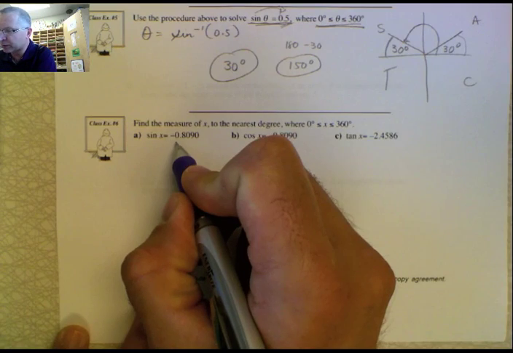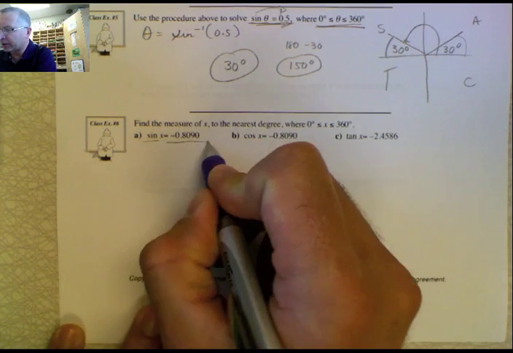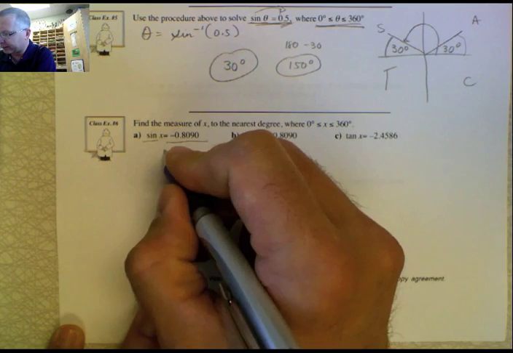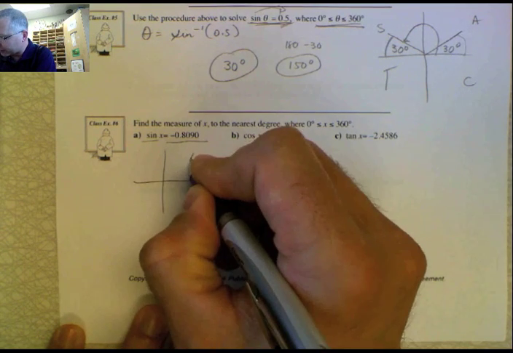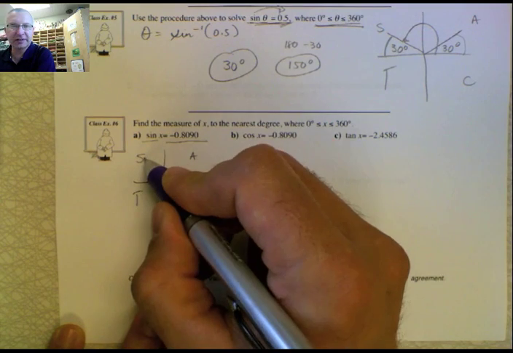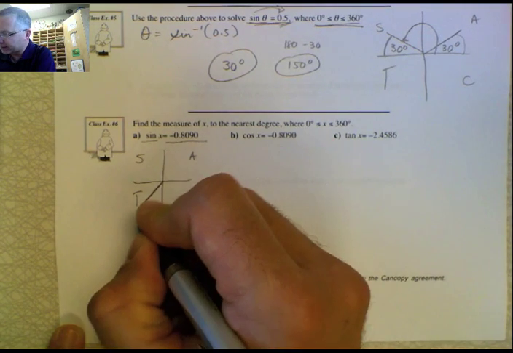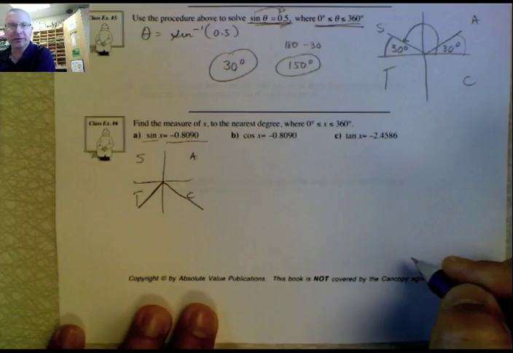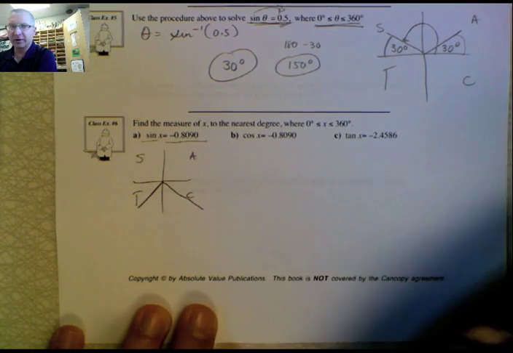The next one says we're working with sine, but we're working with where sine is negative. So if we look at our cast rule, sine is positive in the first and the second quadrant, so that means sine has to be negative in the third and the fourth quadrant. So that's where we're working.